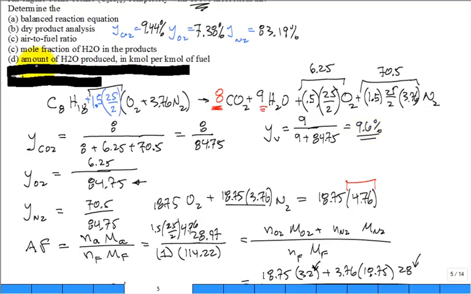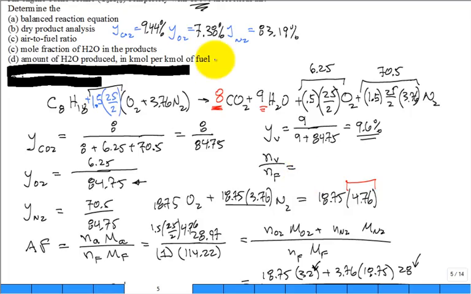What is the amount of water produced? I just did that, didn't I? No, I want it in kilomoles of water vapor produced per kilomole of fuel used. How would you calculate that? Well, you would just say how many moles of vapor per mole of fuel. That's what they're asking us to calculate, isn't it?